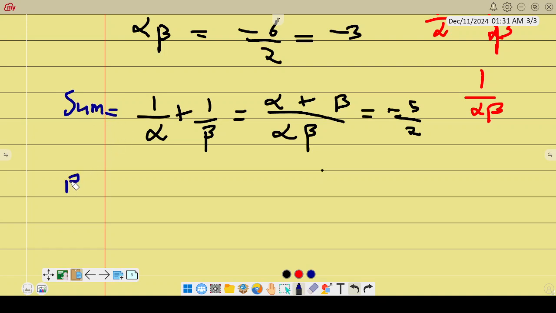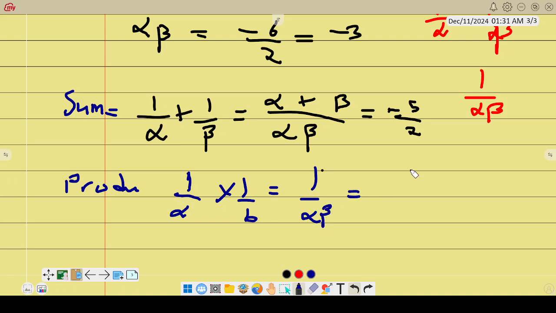Now the product. We say 1 over alpha, this is one root, times 1 over beta. So we are going to have 1 over alpha beta, and alpha beta is negative 3.